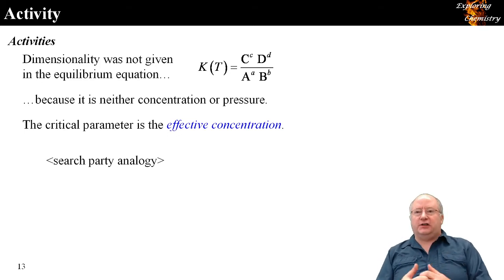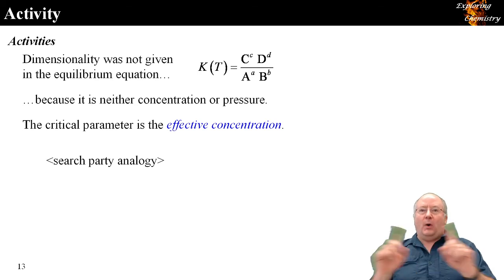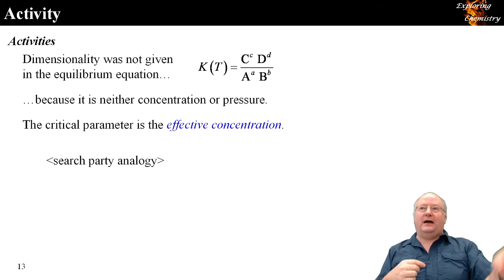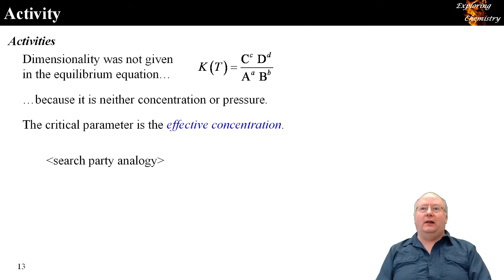As a search leader, does the search leader send the 20 people in different directions? Does he send one down this path, one down that path, one to do whatever? Does he send them all out individually? The answer is no, he doesn't. For the safety of the searchers, he sends them out in groups of 2 or 3.